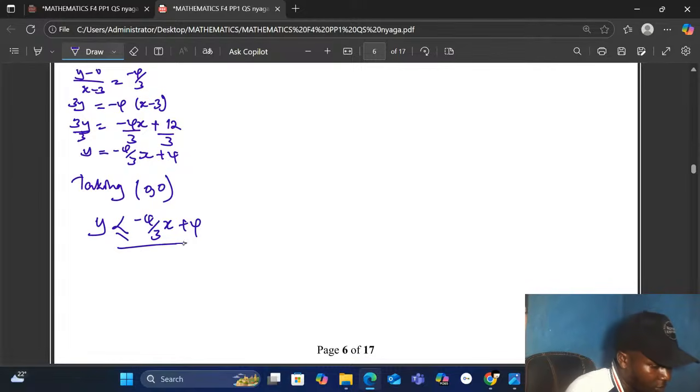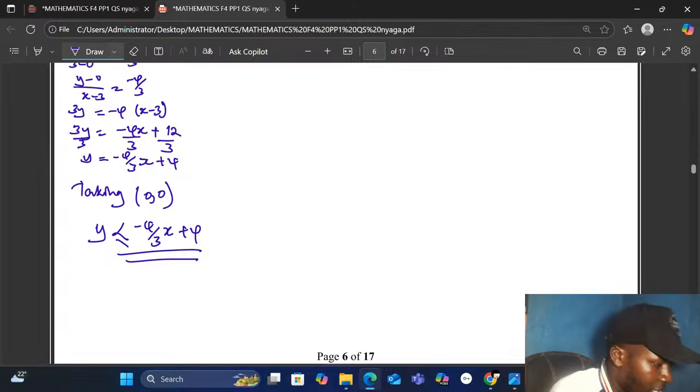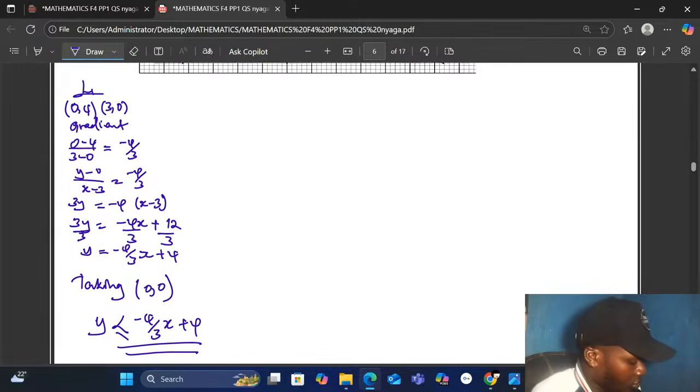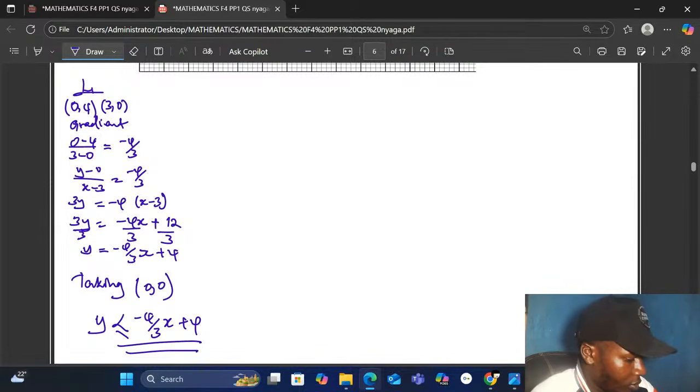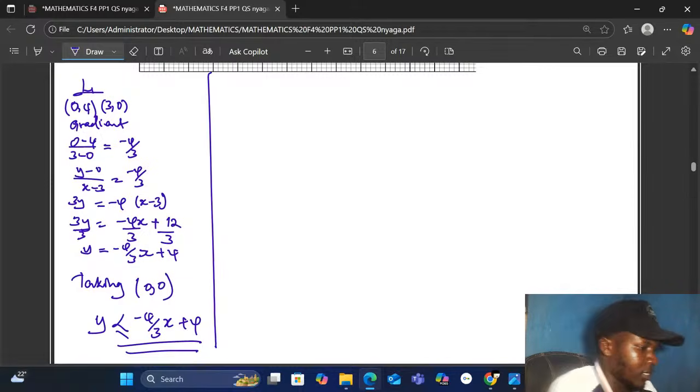So this is now the equation of line L1. Then we move to line L2. We also look for 2 points.